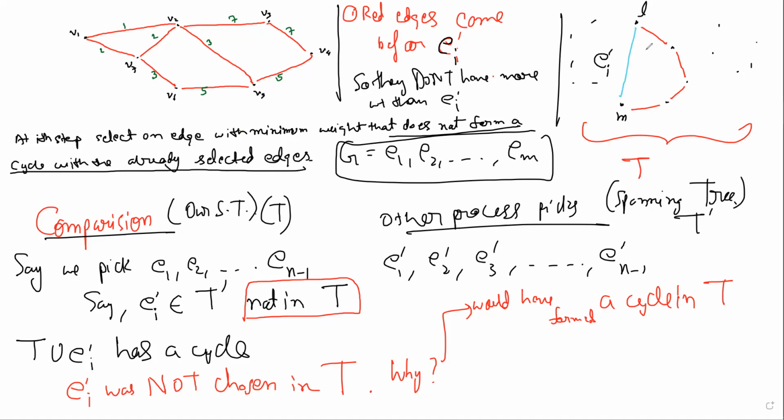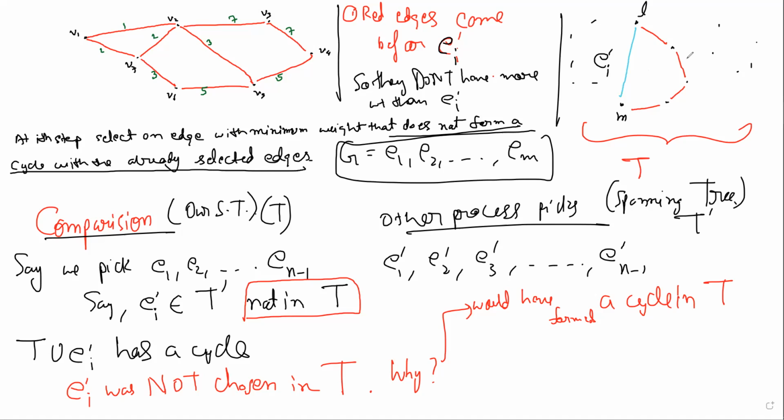Because now it means that none of these red edges have bigger weight than E i prime. And obviously all these red edges are not in T prime, because E i prime is in T prime, right? So there is some edge here which is not in T prime.